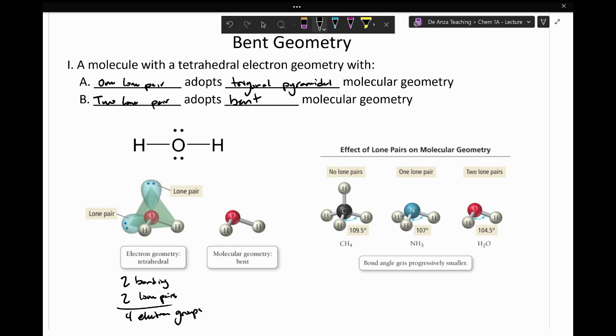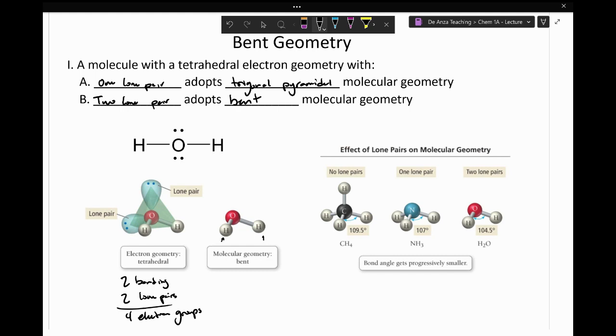So that's how we got that tetrahedral electron geometry. And then when we take those 2 sets of lone pairs and let them take up space, what we're left with is these 2 hydrogens right here around the oxygen in a bent geometry. And like I said, we'll talk about this a little bit more in the molecular models lab, but effectively we just take away 2 of those groups and we end up with this kind of V shape.